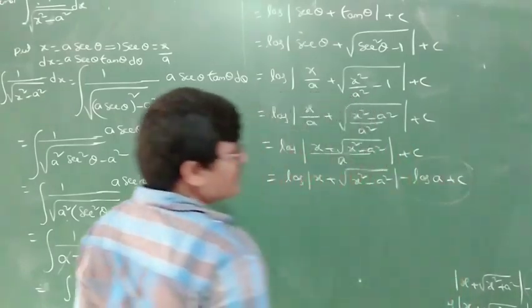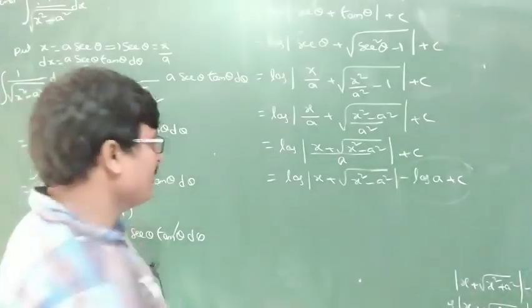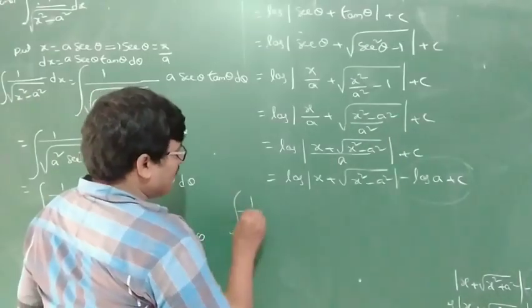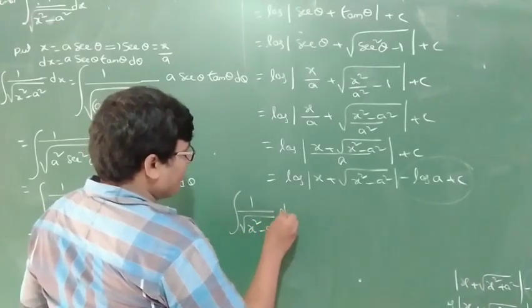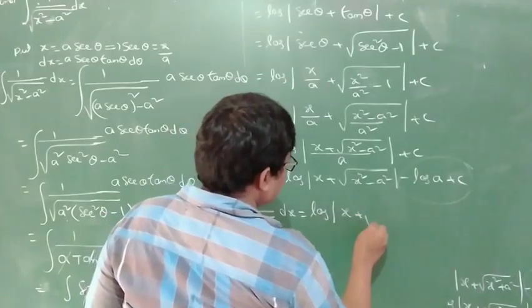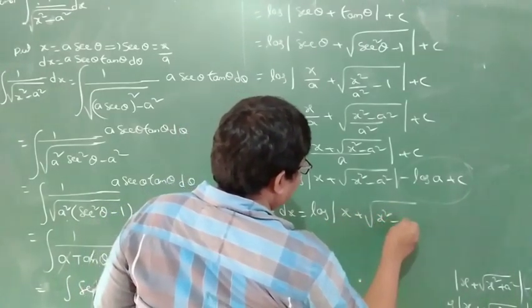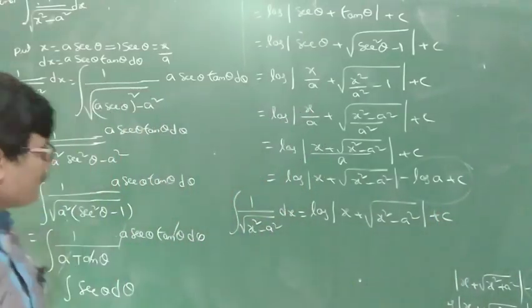These are all constants: a constant plus c is a constant. So the integral of 1 by root of x square minus a square dx is equal to log mod x plus root of x square minus a square plus c.